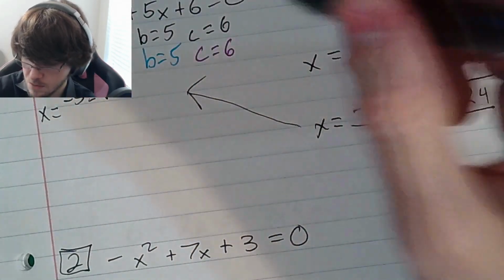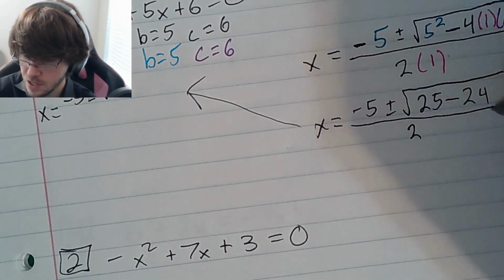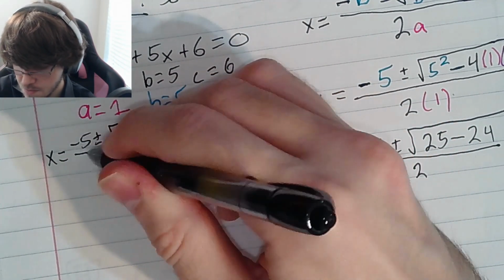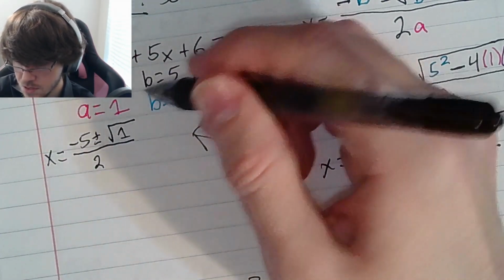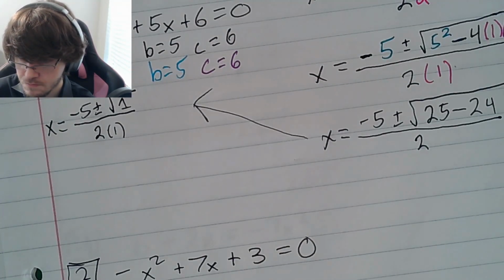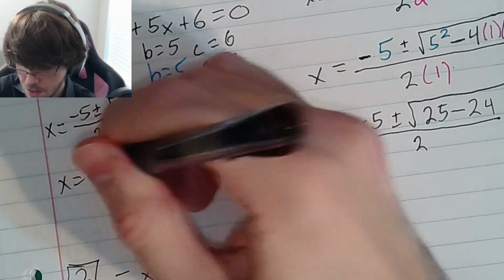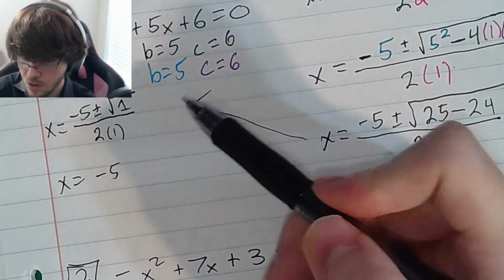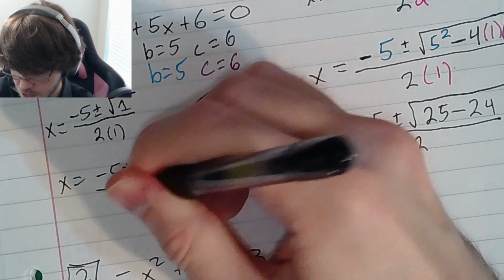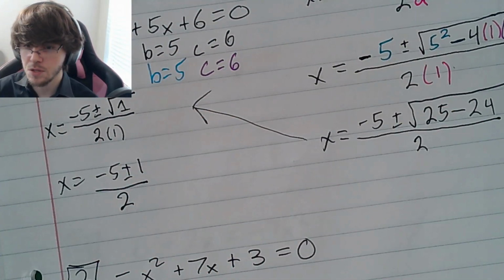So the square root of 25 minus 24 is 1. Divided by 2 times 1. X equals -5. The square root of 1 is 1, so plus or minus 1 divided by 2. We are so close to being done.